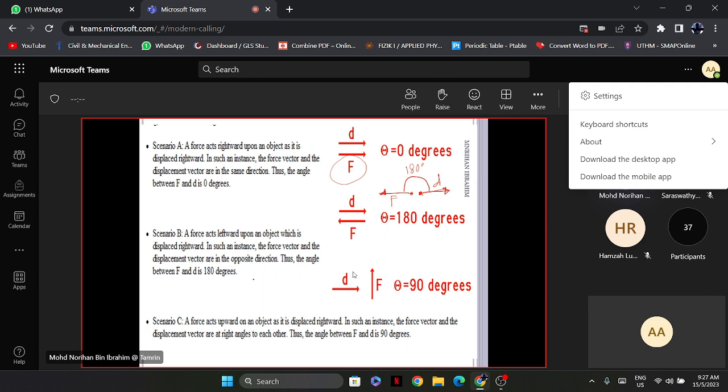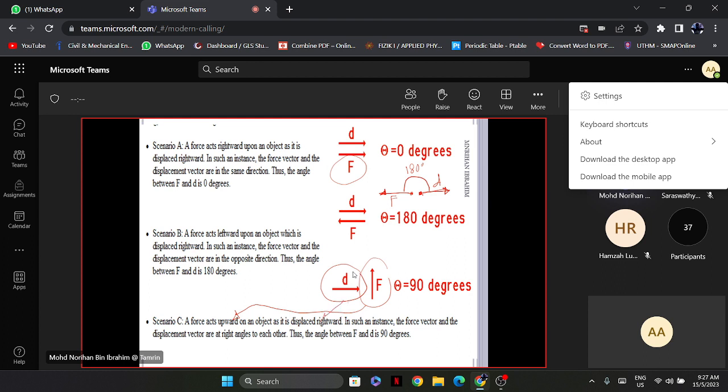So in this case, for scenario C, no work is done. A force acts upward, based on this statement, as it is displaced rightward.